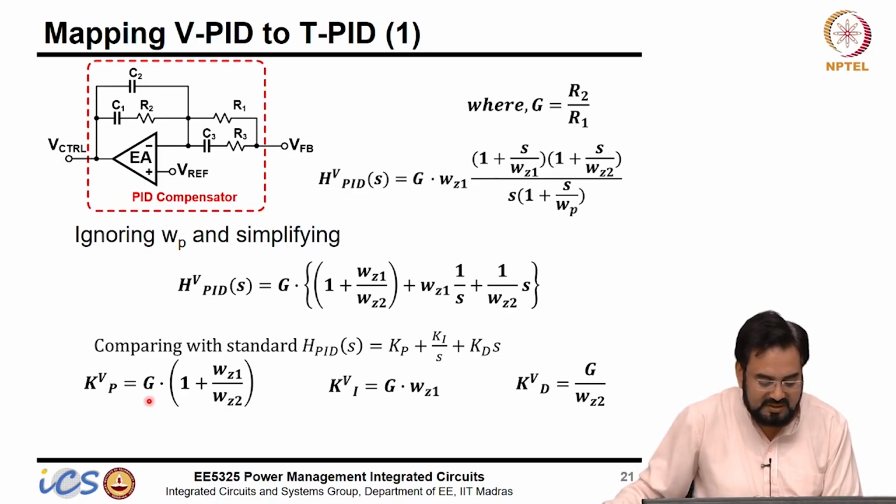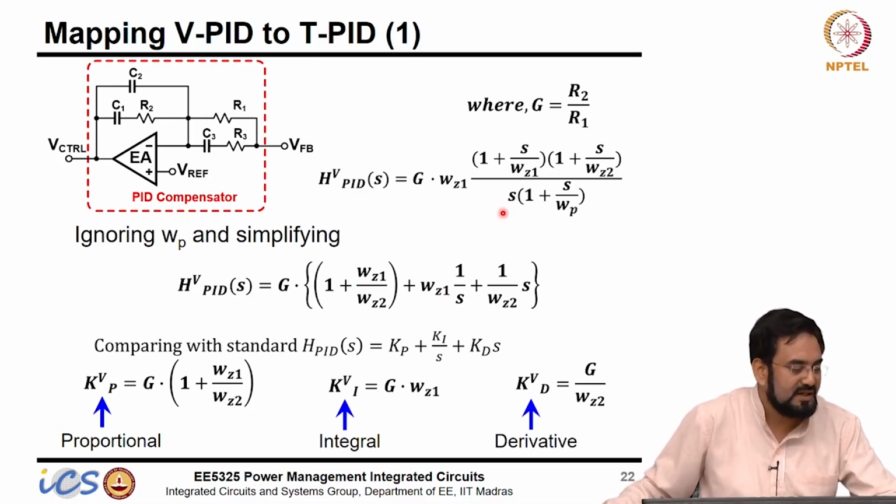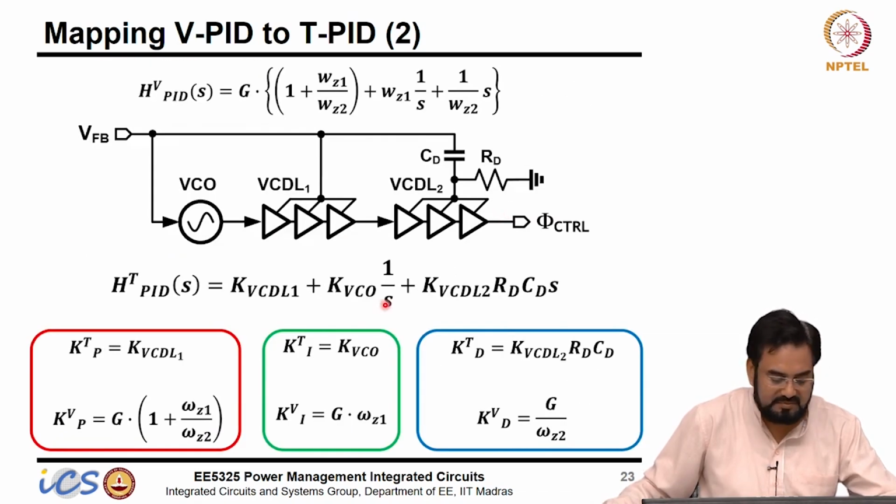Once we know those zeros, we can easily calculate Kp, Ki, Kd, and I think we discussed how to break this into those three components. You have to basically ignore the pole and divide by S. So, you can get all the three terms Ki, Kp and Kd.